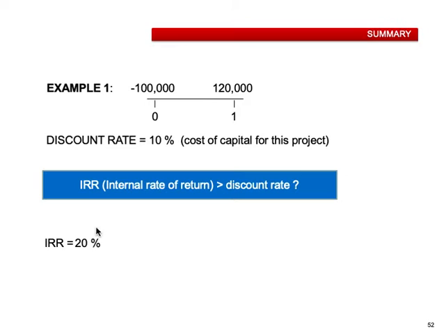So on every euro we put in our project, we make 20%, we need to pay 10%. So in other words, the IRR at 20% is larger than the discount rate at 10%. That means that we would have a positive NPV, and a positive NPV means that we need to go ahead with the project because it adds financial value to the firm.